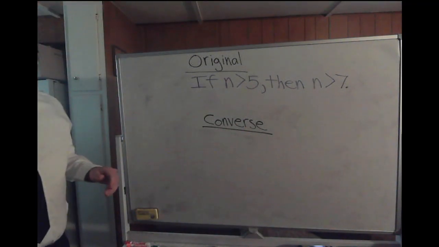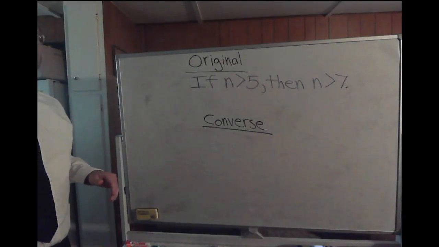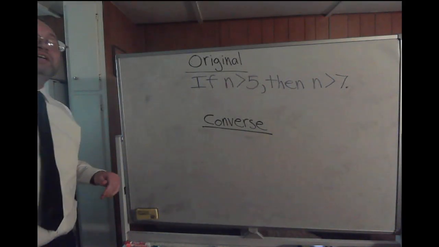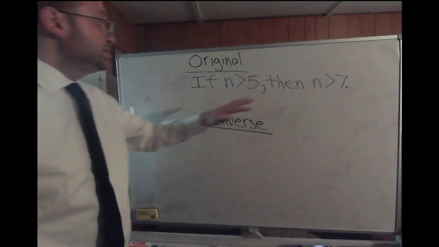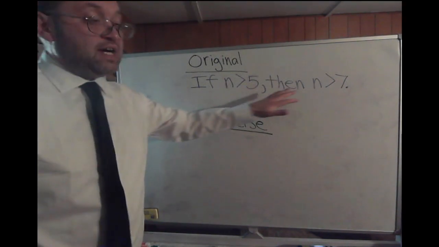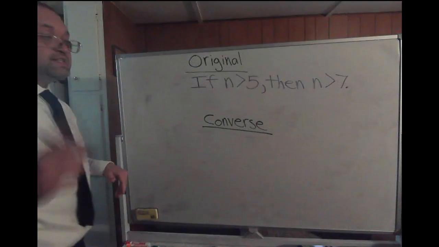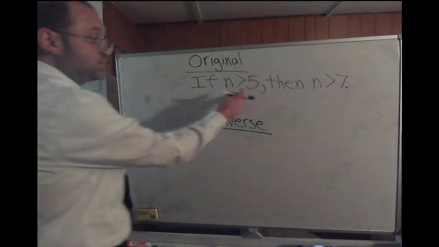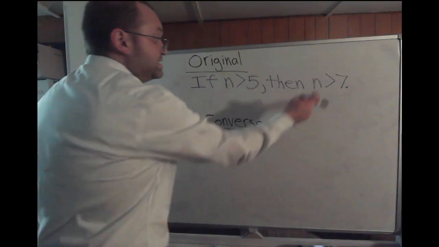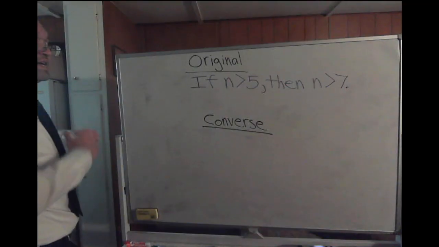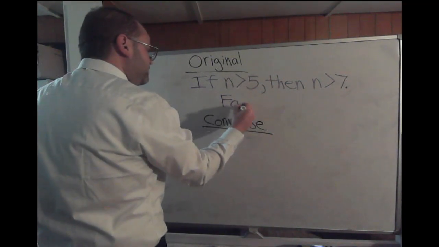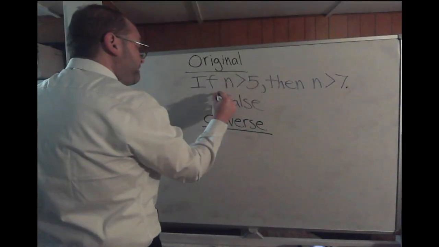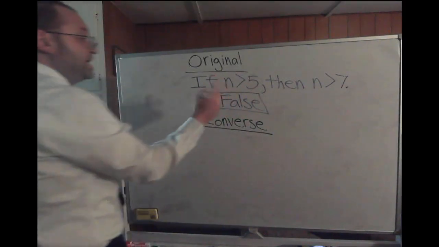All we need to disprove a statement is what's called a counterexample. If you can give even one counterexample, you can disprove the statement. That's not true because 6 is greater than 5, but it's less than 7. How do we know n's not 6? So this would be a false statement. So the original is actually false.